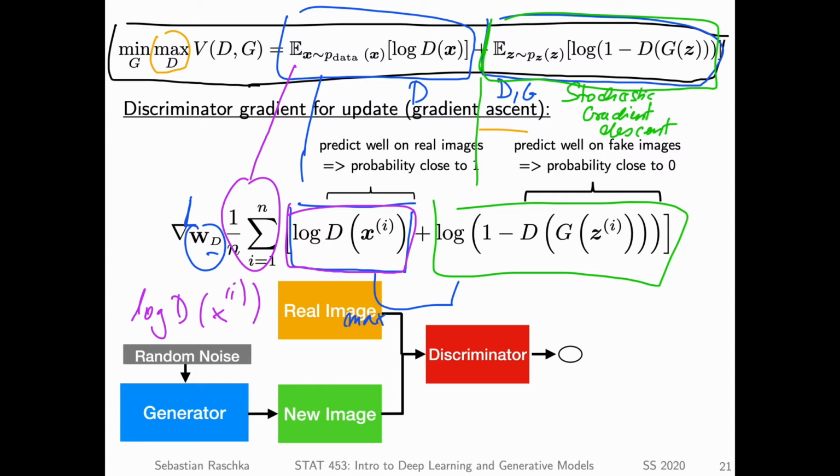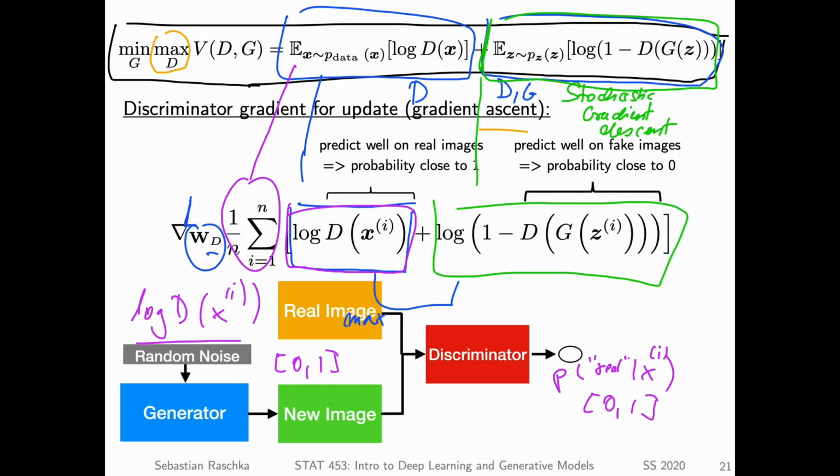The output D of x_i, the prediction on an image x, is a value between 0 and 1, because recall the discriminator is a binary classifier. So what it outputs is the probability, given that we have an image x_i, that this is a real image. And this is a value between 0 and 1.